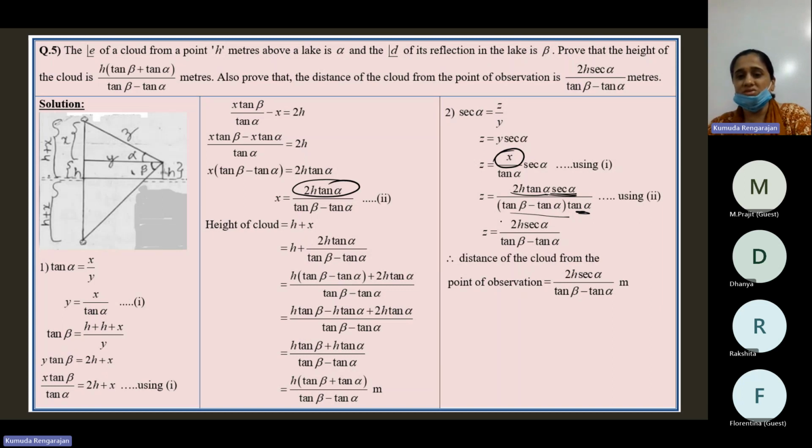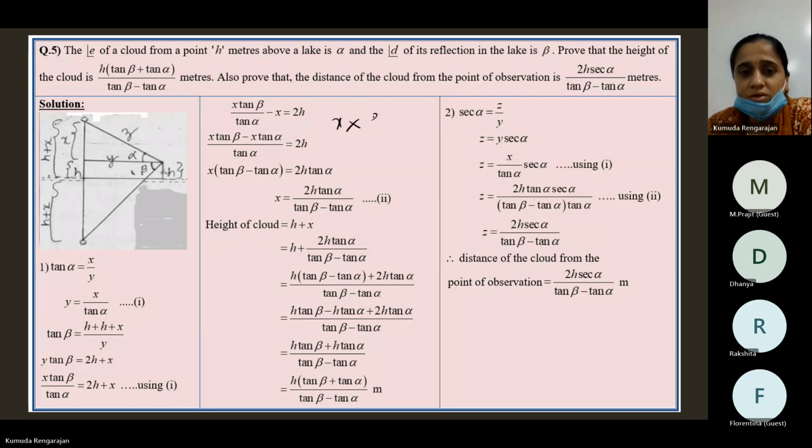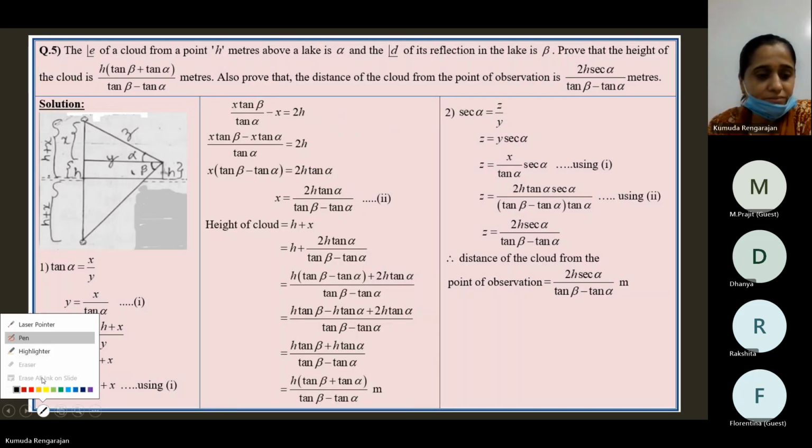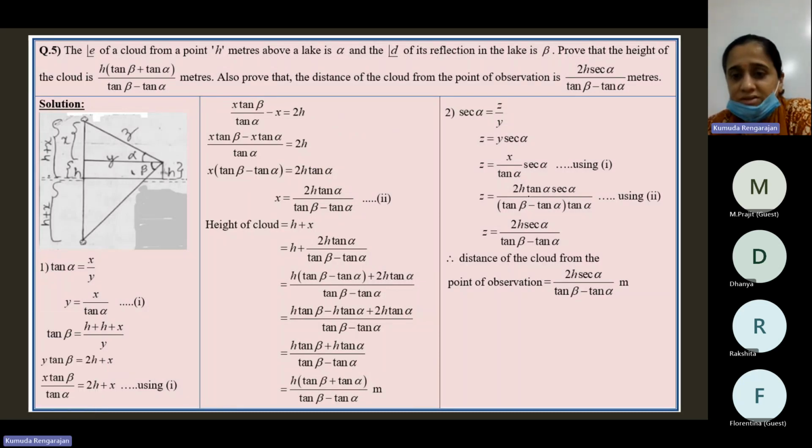If this is difficult to understand, I'll tell you what you can do. This one is nothing but x into secant alpha by tan alpha.